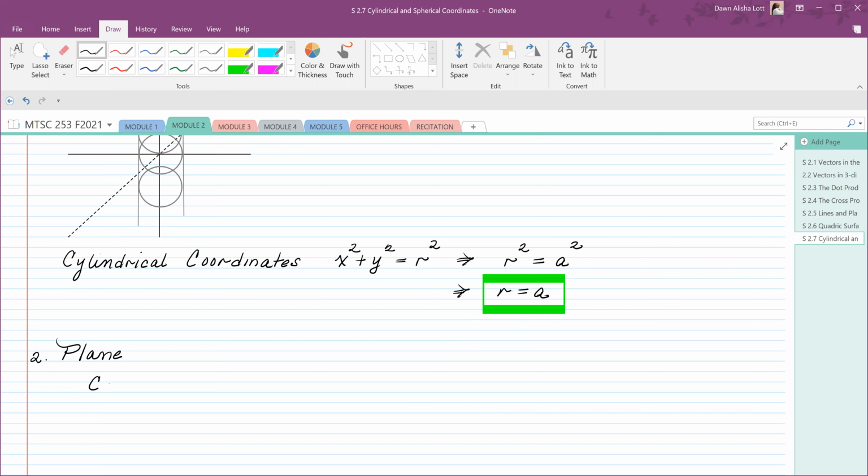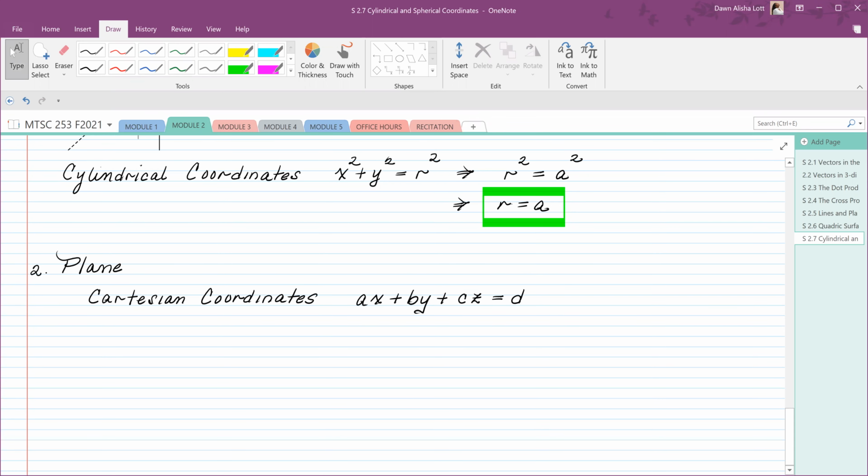In Cartesian coordinates, a plane looks like AX plus BY plus CZ is equal to D. Okay, so that's my plane.